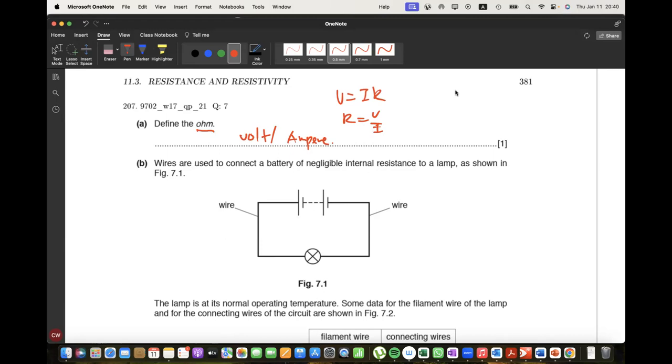If I learn potential difference over current. That's why when you do a few times, you find that most of the time they're asking the same thing. Just apply the few formulas only. Rho L over A, then about the definition, find the unit. If you're careful enough, you cannot get it wrong.